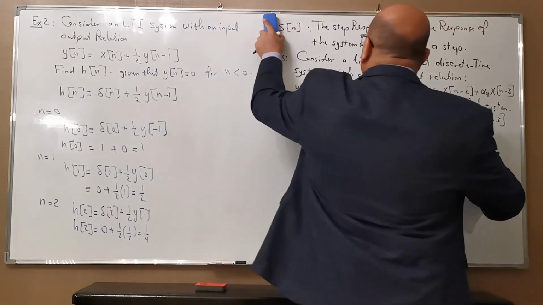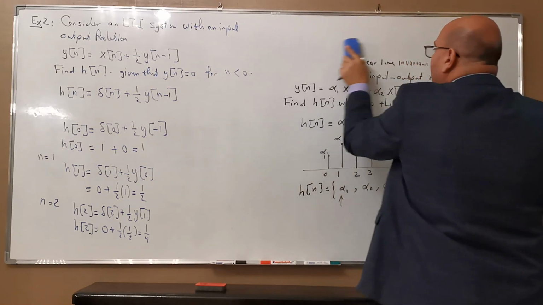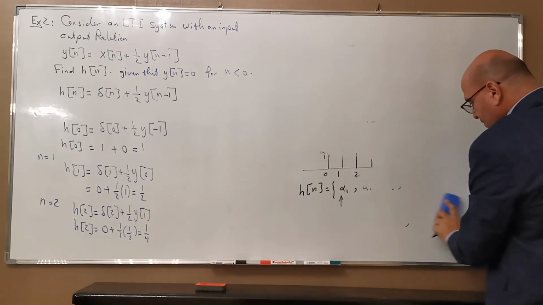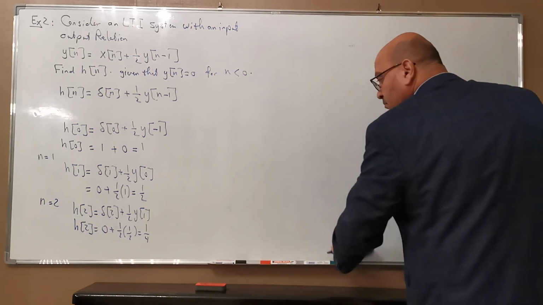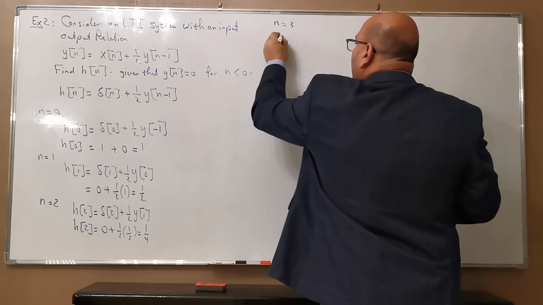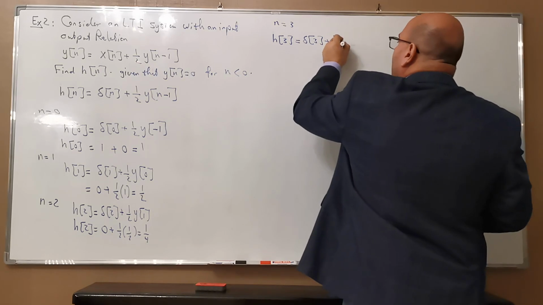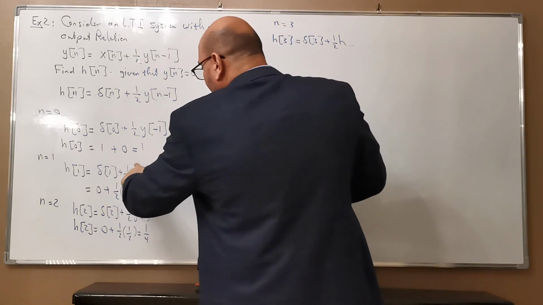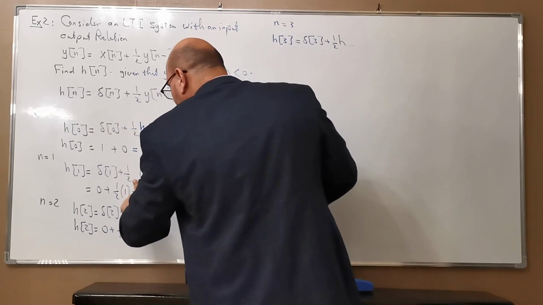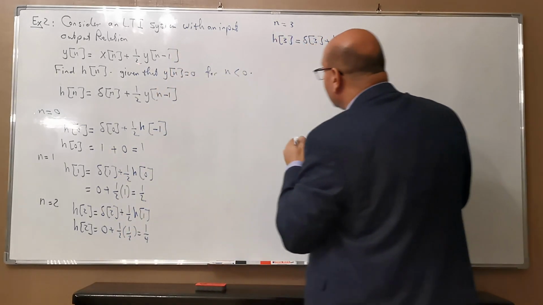If we keep doing this, let me just do it for one more step and make a conclusion. For n equals 3, h of 3 is equal to delta of 3 plus 1/2 h of, sorry, I have to put h here. I have to fix those up and do it in the same way.